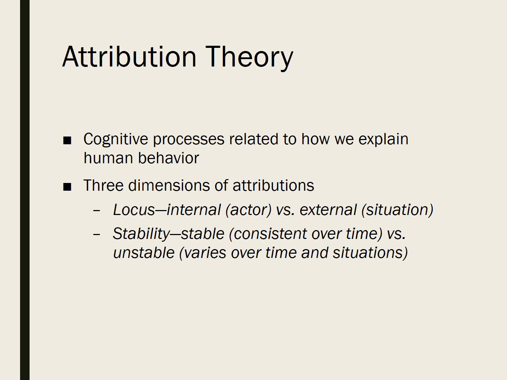That typifies this person much of the time. Unstable, on the other hand, would be where normally you're on time all the time, except this one instance. So what's up with that? There may be some explanation for it, but we would consider that an unstable attribution, meaning that this isn't characteristic of the way you typically behave.